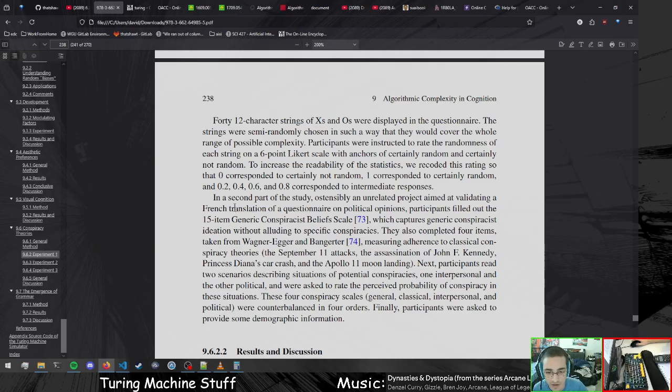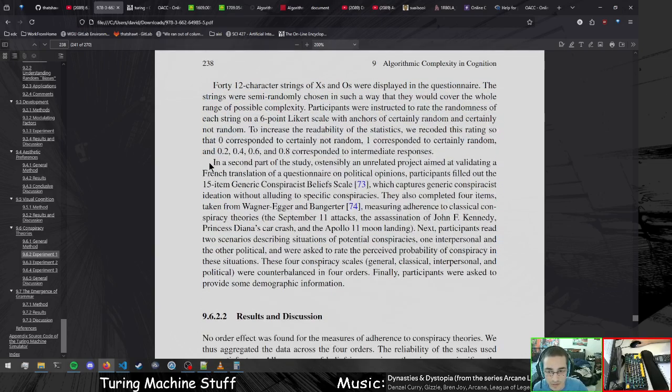So that's their ability to discern randomness. And then in here it says, an unrelated project aimed at validating a French translation of questionnaire of political opinions. They filled out a 15-item generic conspiracy belief scale, which captures generic conspiracy ideation without alluding to specific conspiracies. That is interesting.